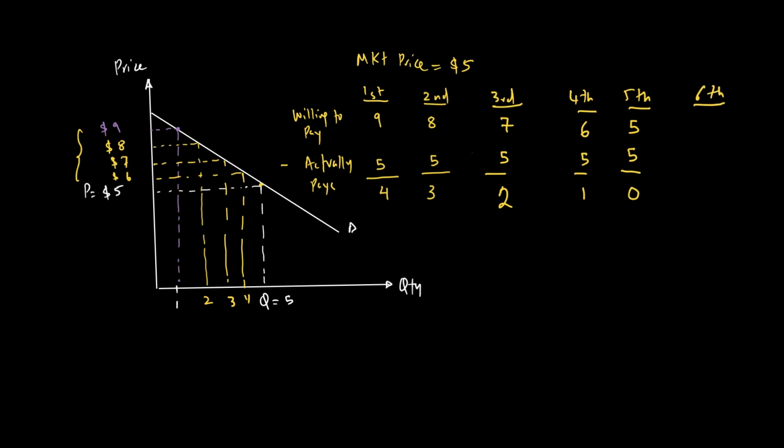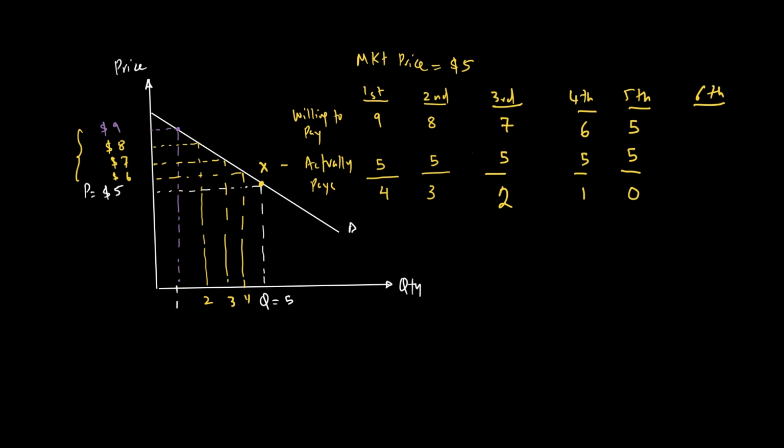And the answer is no, you won't, because now, if you look closely, let's call this point X, the market price is 5, but for the sixth unit, somewhere here, my willingness to pay will be less, let's say $4. Will I ever buy a good where the willingness to pay is less than the market price, or what I'm required to pay?